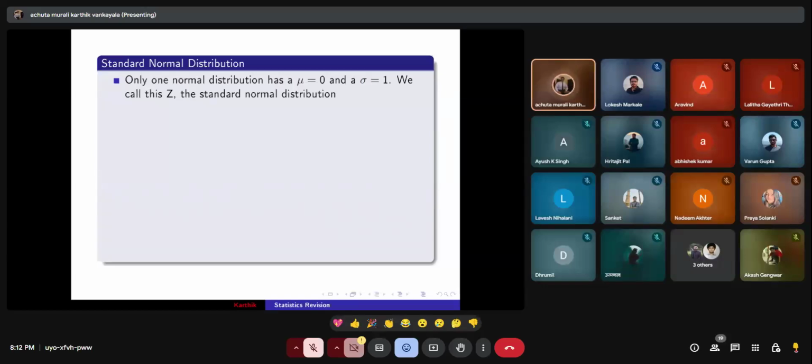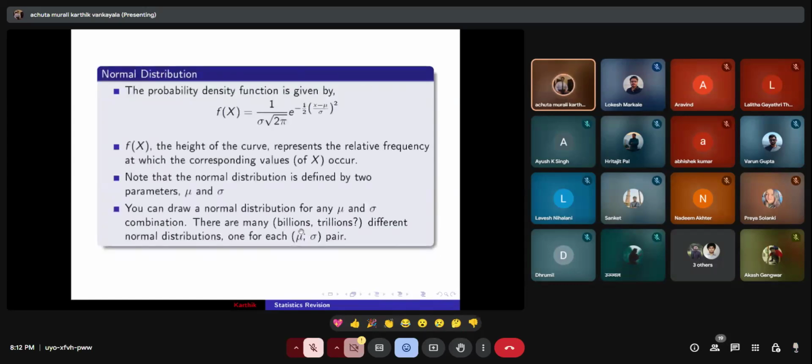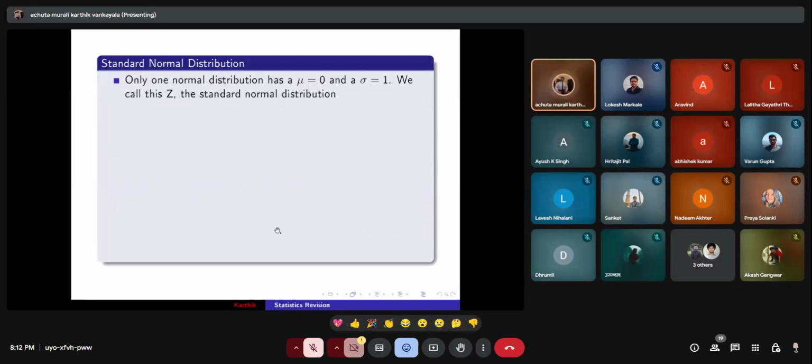So, since there are many, many normal distributions that occur depending on mu and sigma, there are an uncountably infinite number of normal distributions. We take one of these distributions and call it the standard distribution, that is, with mean 0 and standard deviation 1.